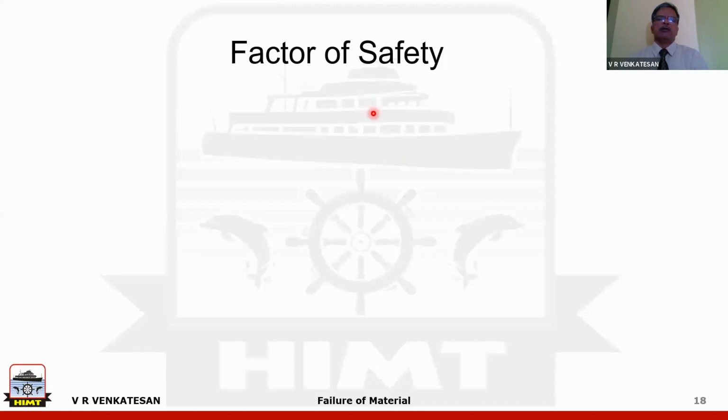Now, if the ultimate stress, the UTS value, is 420, or 400, and you apply a factor of safety of 4, that means the maximum working stress will be brought below 400. That is the meaning of factor of safety.